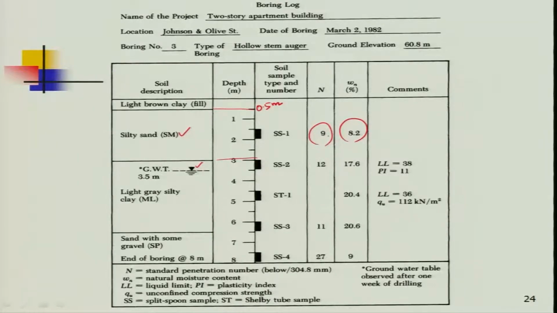Look at your SPT: from 3 to 6 it is 12, 6 to 7 it is 11, and 8 is 27. Sand with some gravel: beyond this it is not possible to go for SPT, because you are getting hard stone or sand and cannot collect a sample.